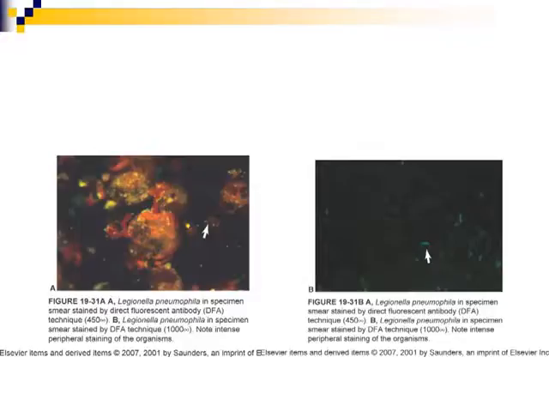So on the left you can see a lower magnification where you can see a lot of white blood cells, and you can see the apple green fluorescing little tiny rods. Now on the right in figure B, that is much more magnified, so you can really see the fluorescing green rod in that picture.